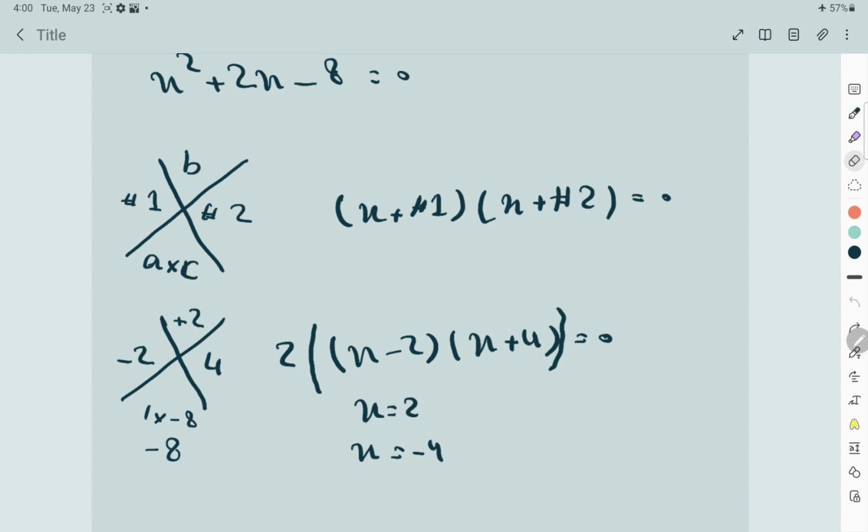It's 2. So at x equals 2, we get a 0. And x plus 4 must equal 0. If x is -4, then this parenthesis will also equal 0. So you have the values x equals 2 and x equals -4. You have your equation equal to 0.